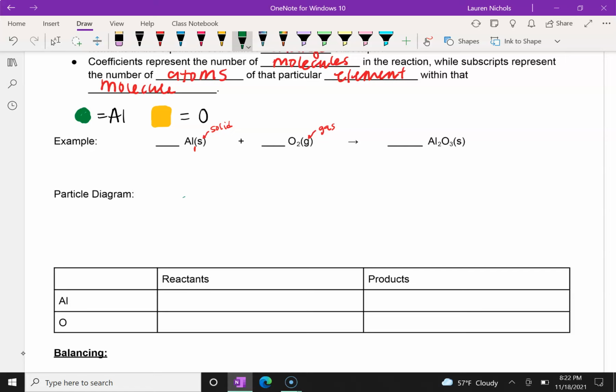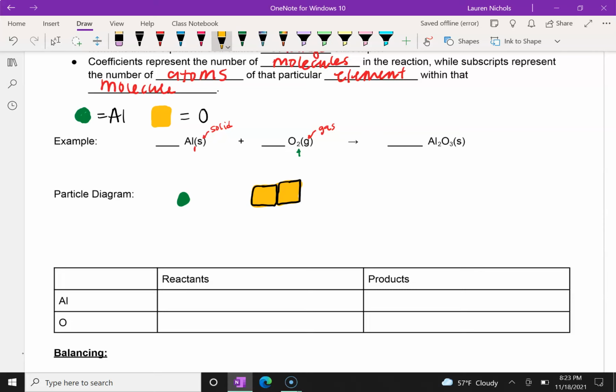So that means I'm going to draw just one aluminum circle. And oxygen has a subscript 2, so that means that I have 2 of these boxes bonded together, which kind of merge into one. So I'm going to put an outline around them. Okay, so we have 2 of the boxes.